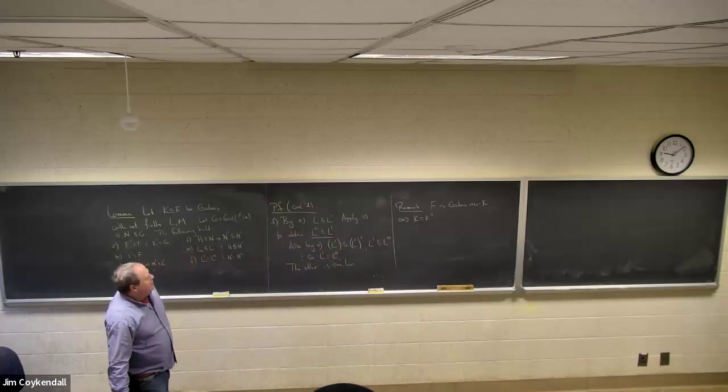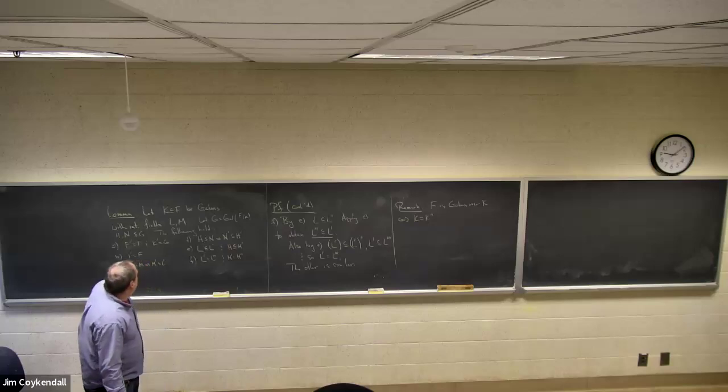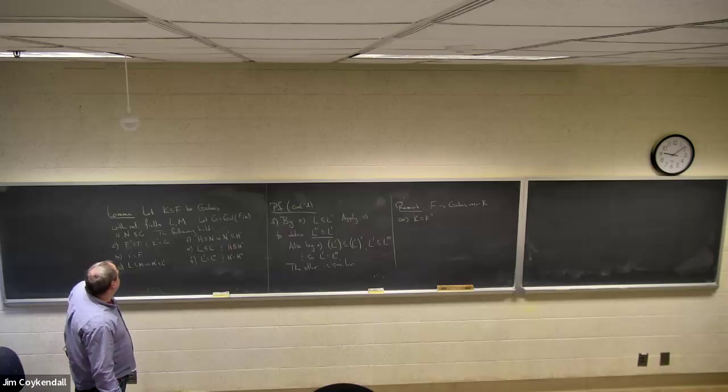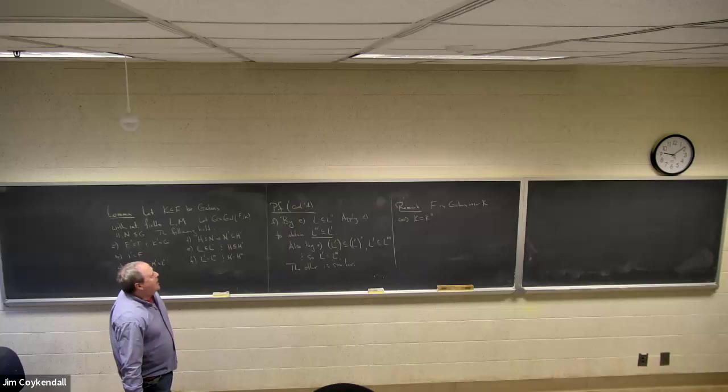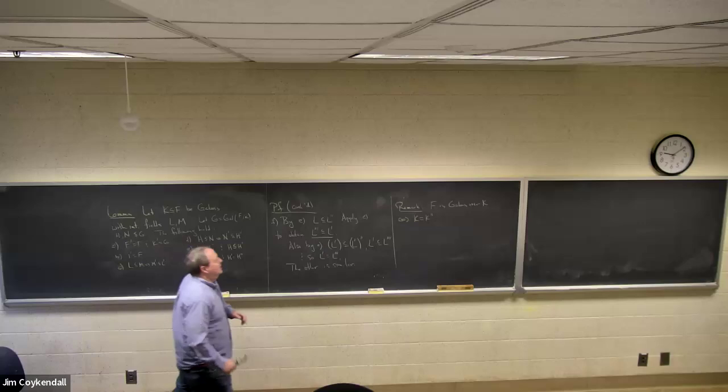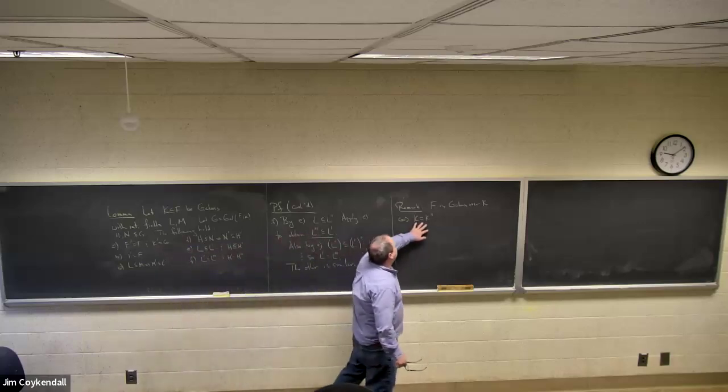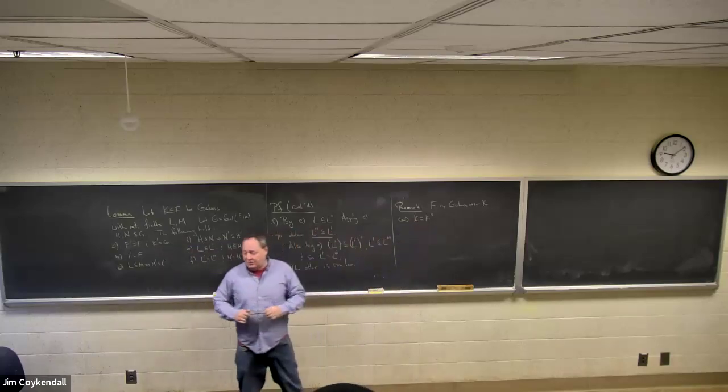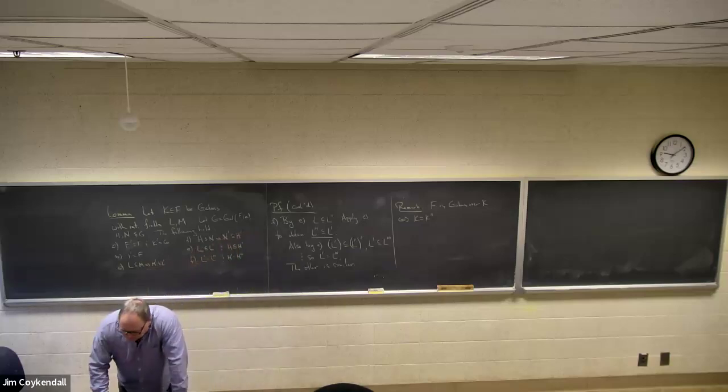Right, because K prime is the set of all automorphisms that fix K, which is all of F. What this essentially says is K prime is G. And so if G prime is K, that is the definition of what it means to be Galois.